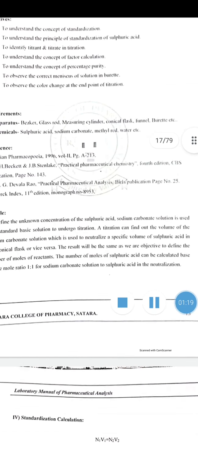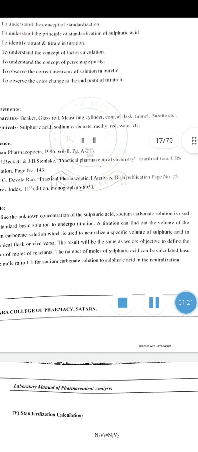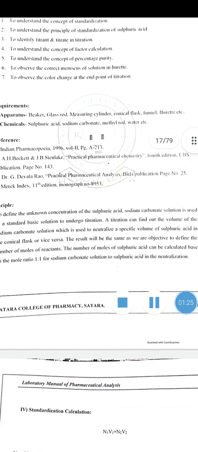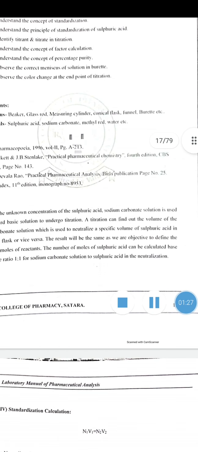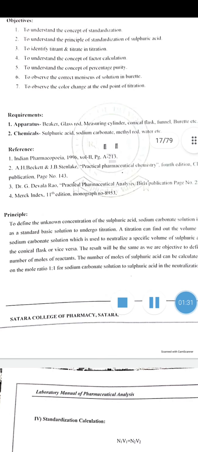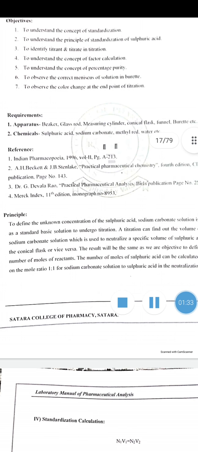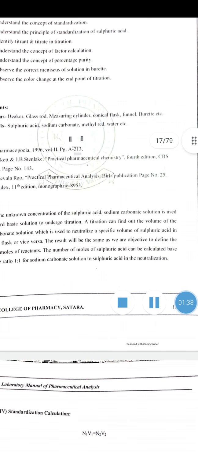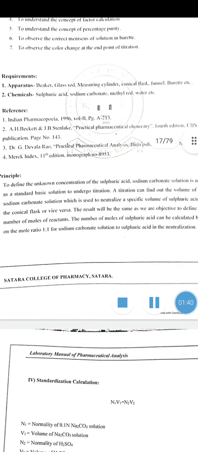The objective is to determine the number of moles of reactant. The number of moles of sulfuric acid can be calculated based on the mole ratio 1:1 for sodium carbonate solution to sulfuric acid in the neutralization.